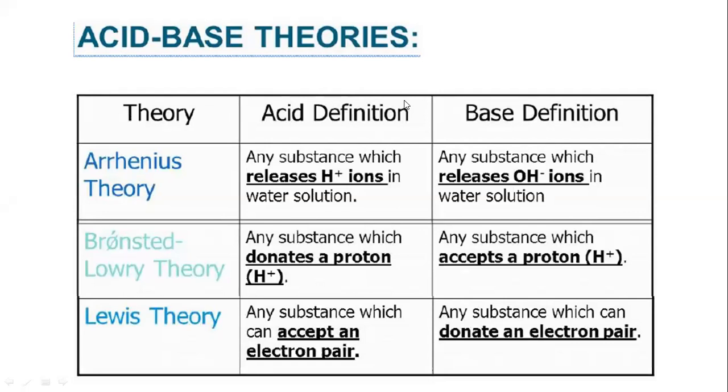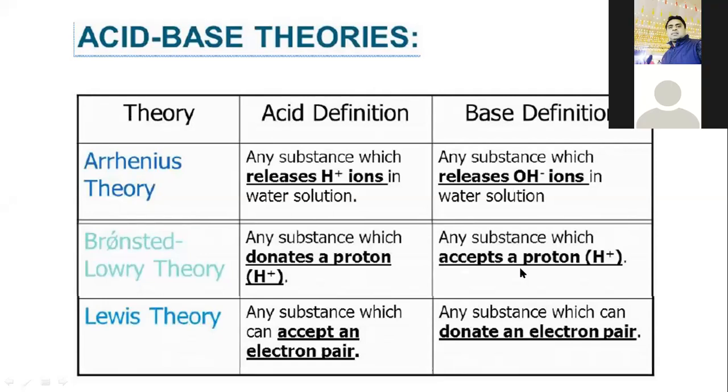Wrong. Arrhenius. Yes, because it has hydrogen. Remember, if hydrogen is there, in aqueous solution it will produce H plus ion concentration. So it will be an acid according to the Arrhenius theory.